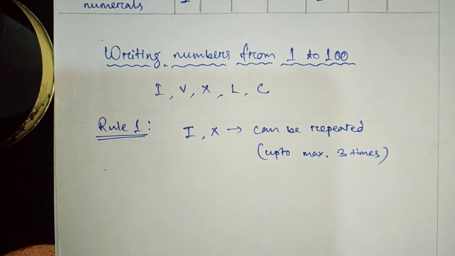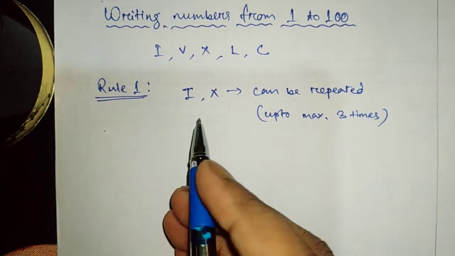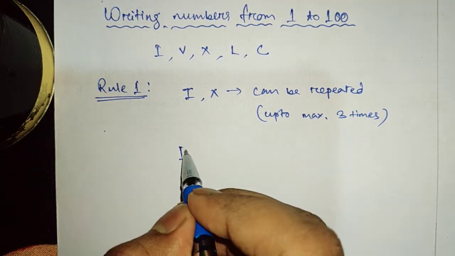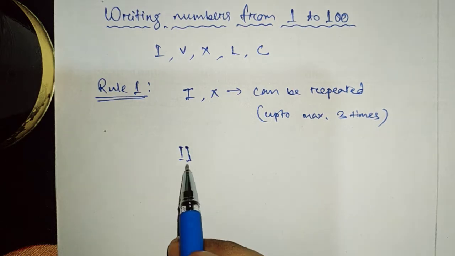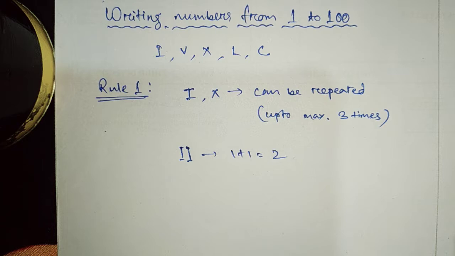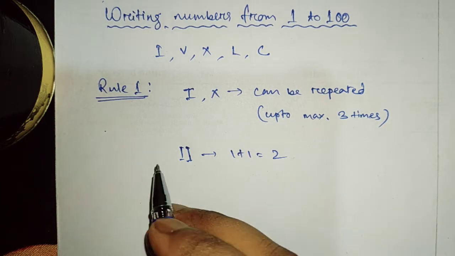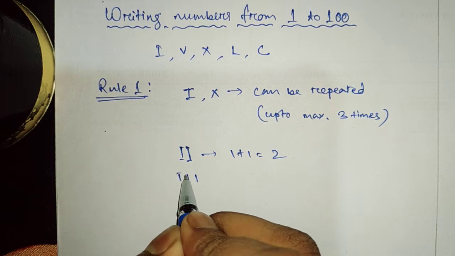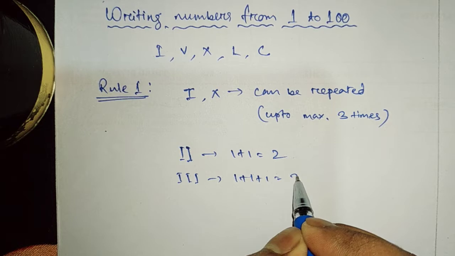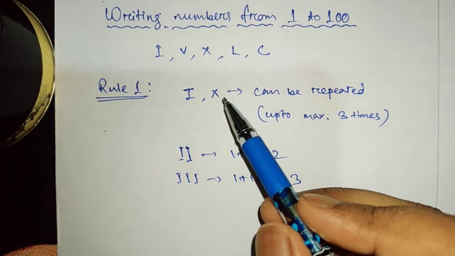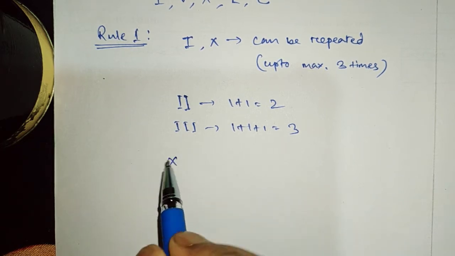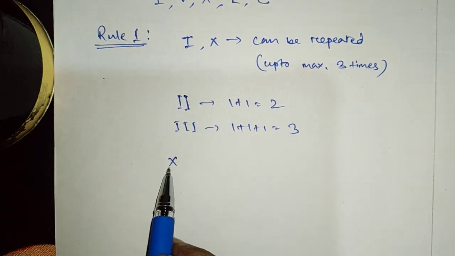For example, we know that I means 1. If you write II, this means 1 plus 1, 2. If you have to write 3, III, which will be 1 plus 1 plus 1, it is 3. If you talk about X, we know that the value of X is 10.